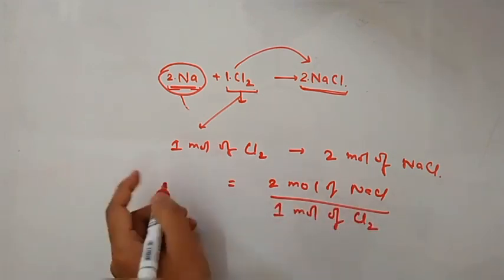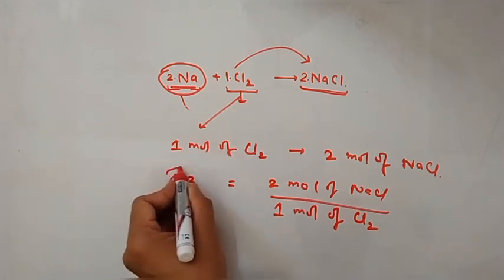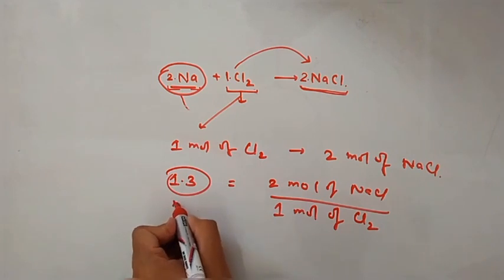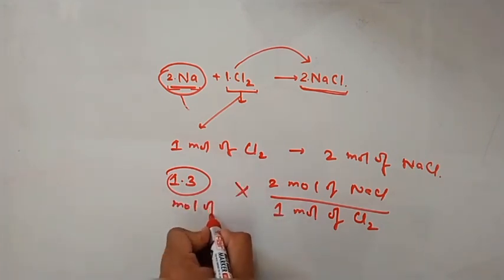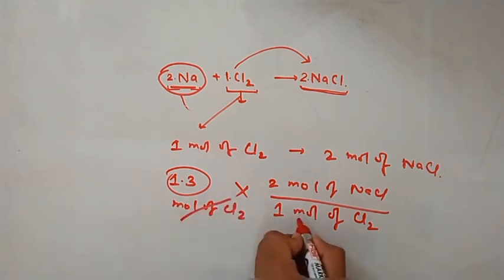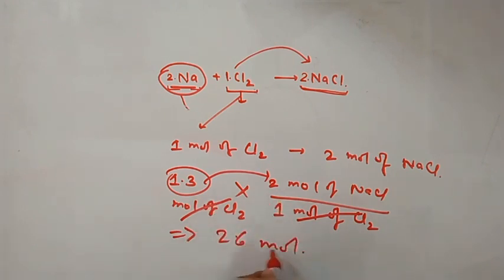So when we have 1.3 here, we write it here, the moles of Cl2 cancel, and we multiply, and again we get 2.6 mole. Either way you can solve it, it will be right.